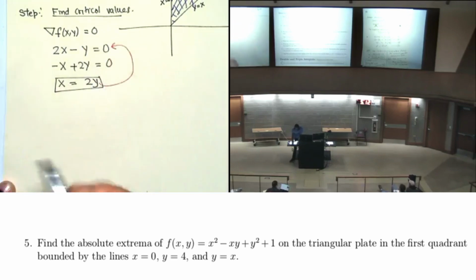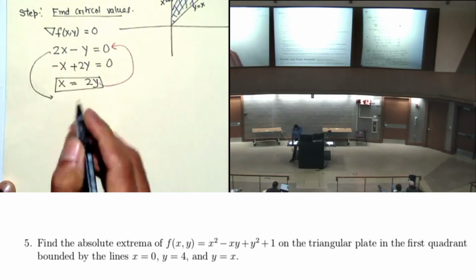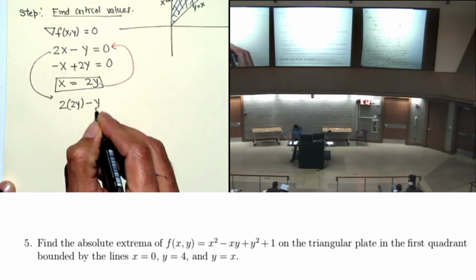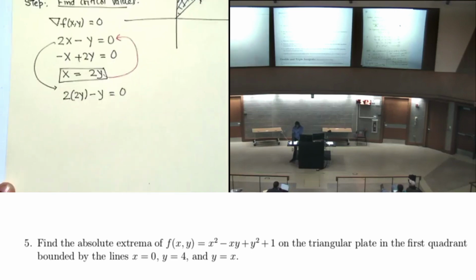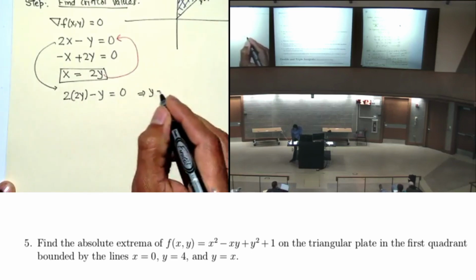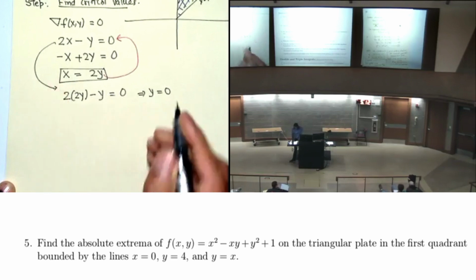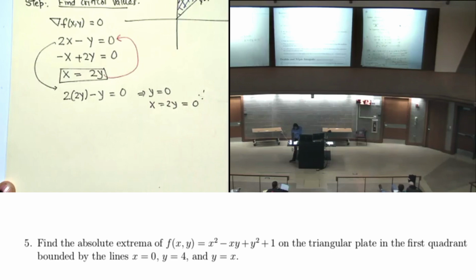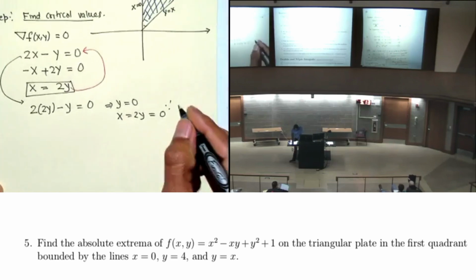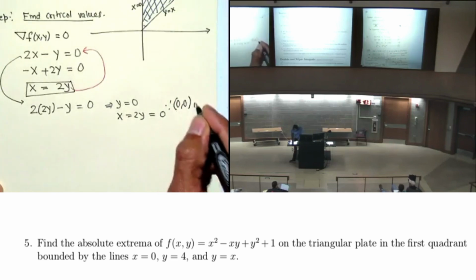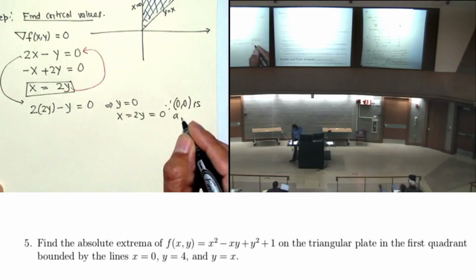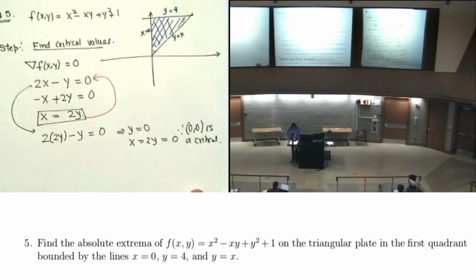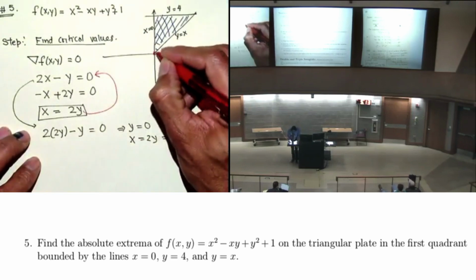What do I get? 2y minus y is equal to 0, and therefore y is equal to 0. Since x is equal to 2y, therefore x is equal to 0. So (0, 0) is a critical value, which is on the boundary of this region.